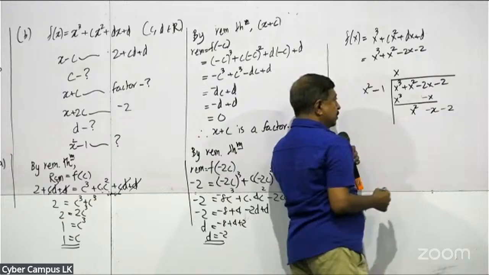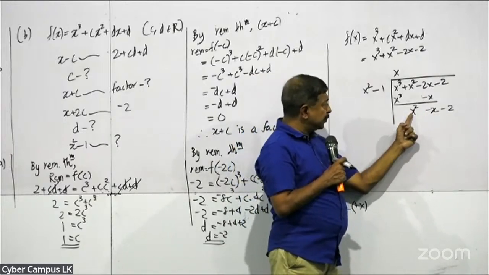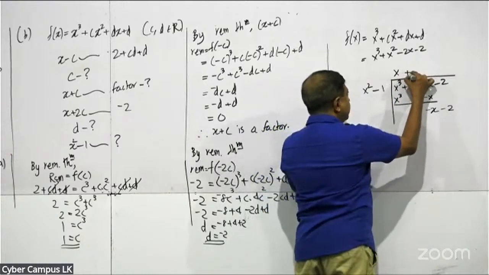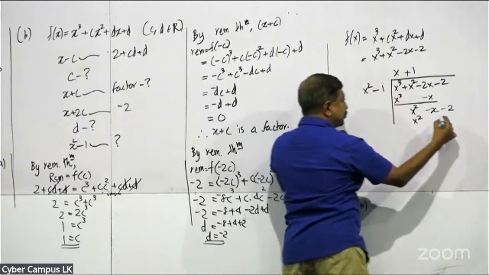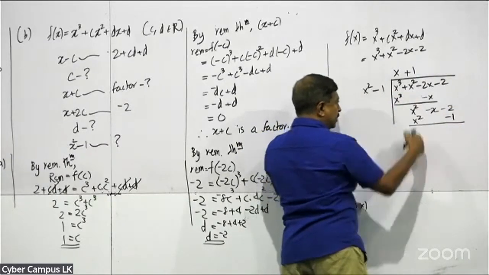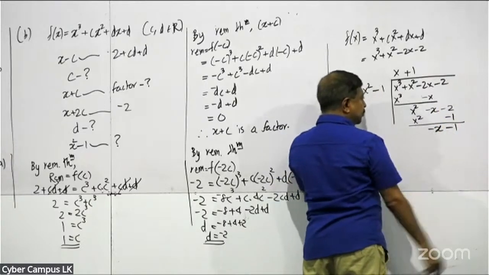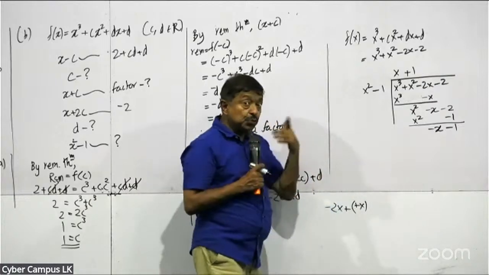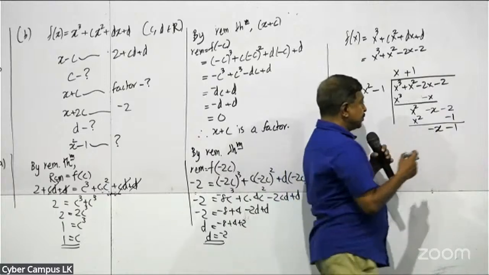Bring that down. Now divide x squared by x squared. You get 1. Now multiply this by 1. You get x squared. 1 times minus 1 is minus 1. Write it here, just below the constant. Now subtract. 0. In the same fashion, this is minus 1, because minus 2 minus minus 1. So minus 2 plus 1, which is minus 1. So this is the remainder.